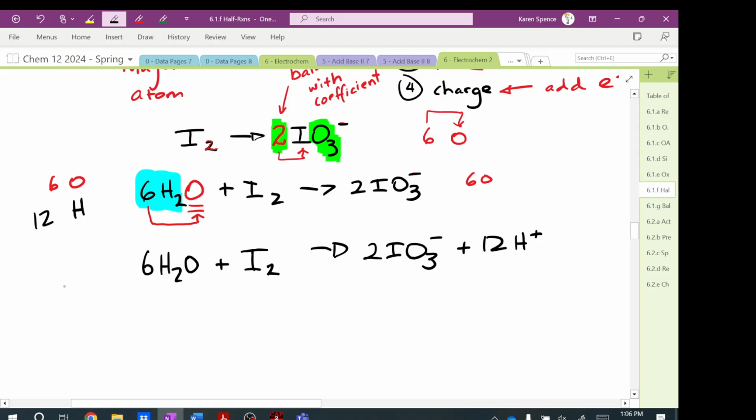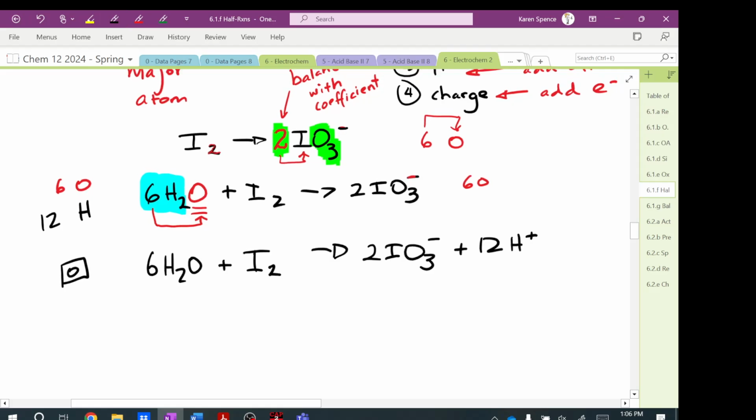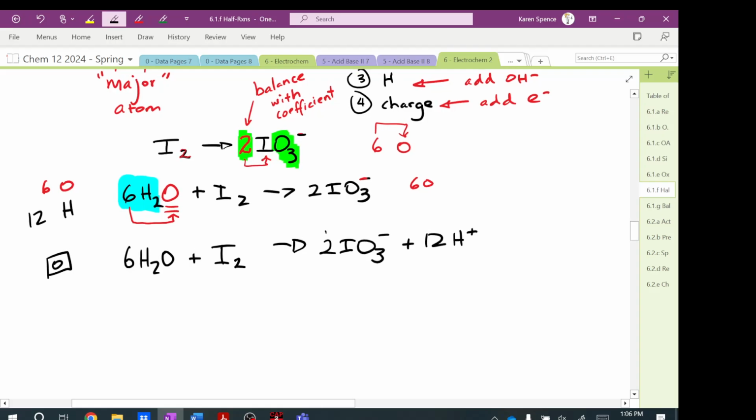What's the charge on the left? 0. I like to put it in a little box to make it not look like an oxygen. Over on the right, we have 2 negative and 12 positive. That gives me 10 positive. So I need to add 10 electrons to the right-hand side. Okay.